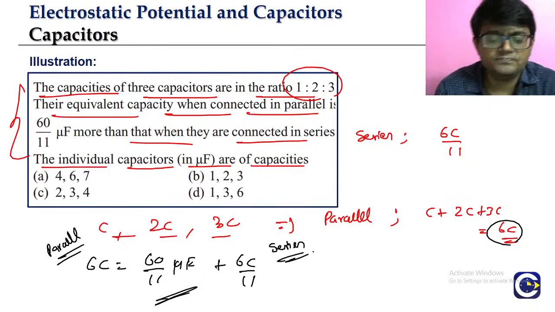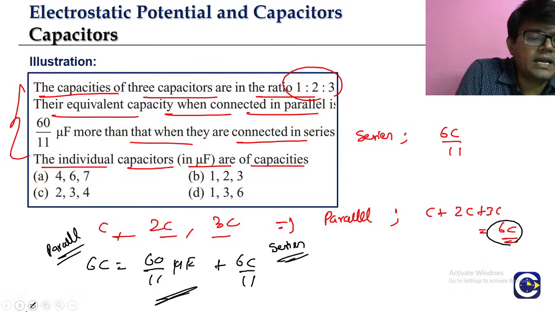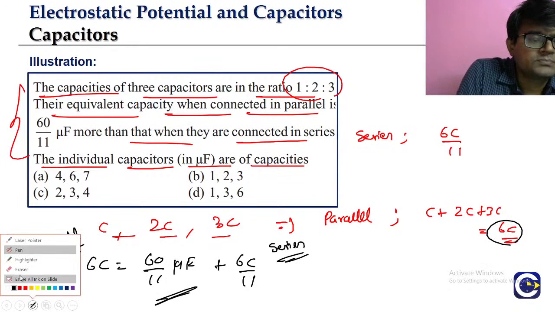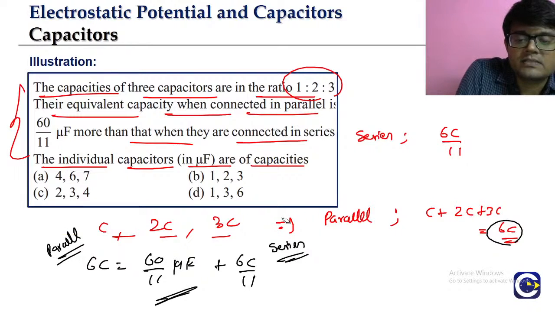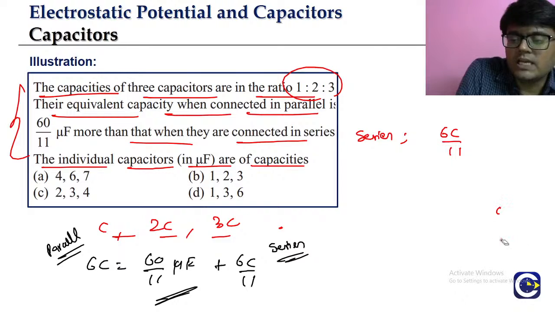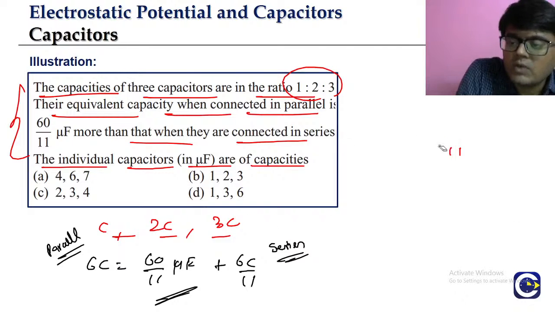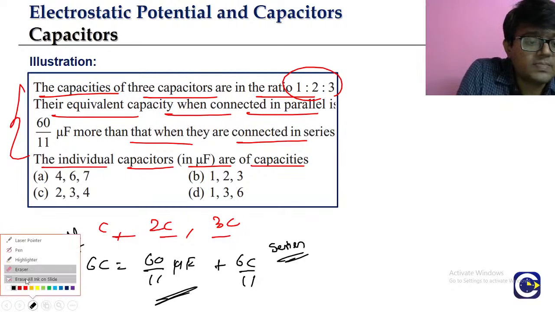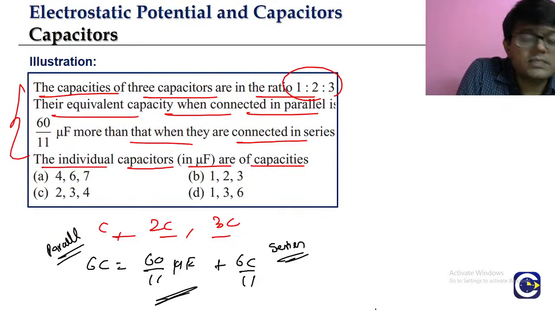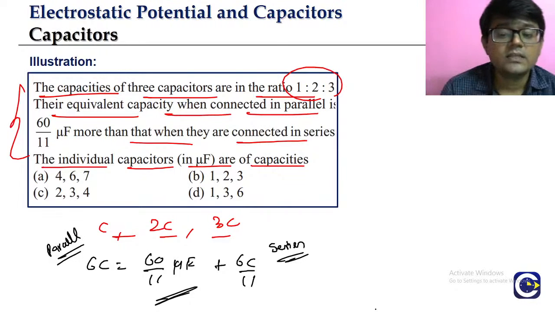The series value is 6C/11, so when we add 60/11 microfarad to it, we get the parallel value. That is the relation. In the series arrangement the equivalent capacitance is 6C/11, so the parallel equivalent capacitance, which is 6C, is 60/11 microfarad more than the series equivalent capacitance.